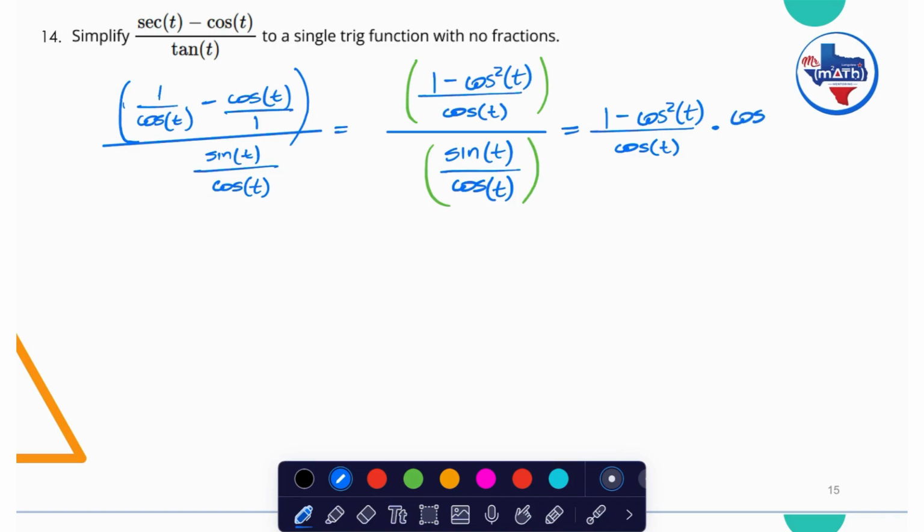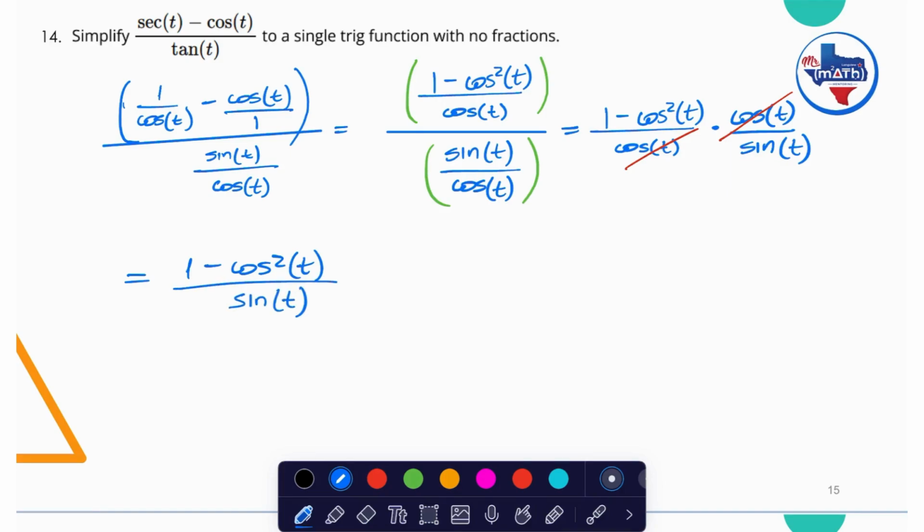This will be cosine of t over sine of t. Okay, so from here we know that this cosine of t and cosine of t will cancel out, and then we have an expression. I'm going to continue here on the left side. The next expression will be 1 minus cosine square of t over sine of t.